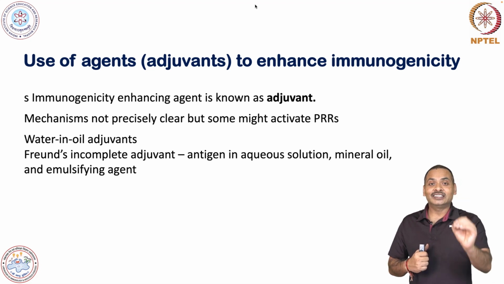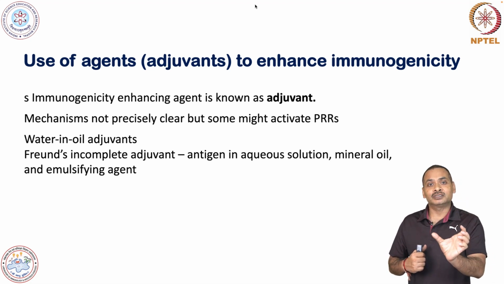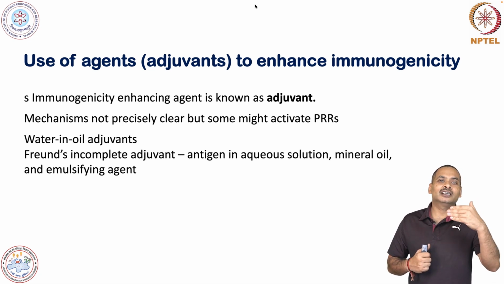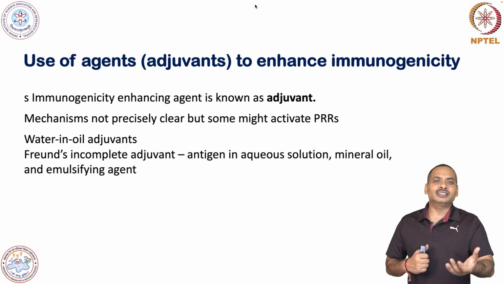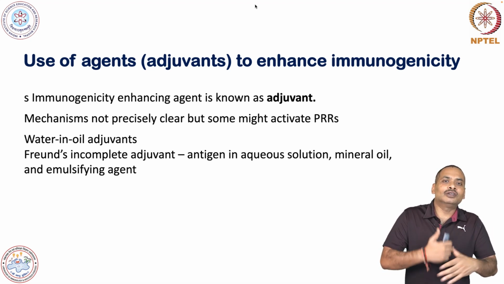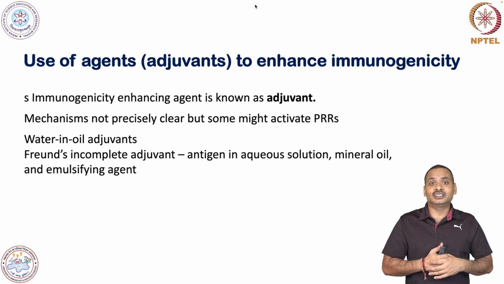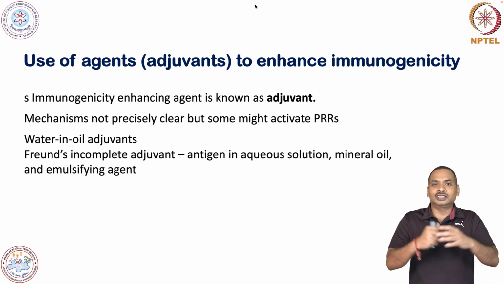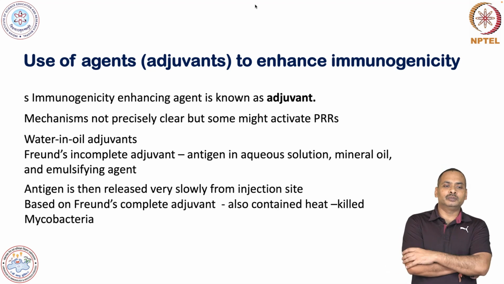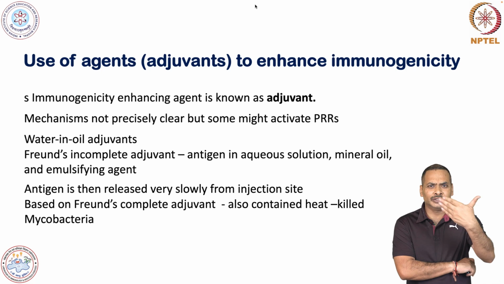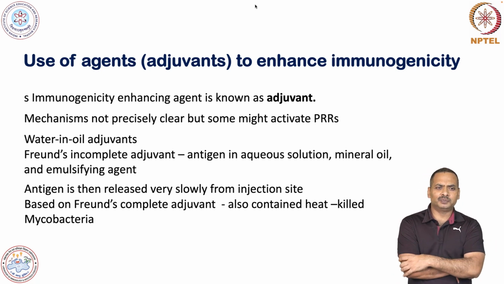In addition, this will also have PAMPs from the mycobacteria, like lipoarabinomannan, mycolic acid, and so on and so forth. Okay, it's very complex, and that will non-specifically activate PRR-mediated signaling. So this is a very good situation, and this will induce a very good antibody response.